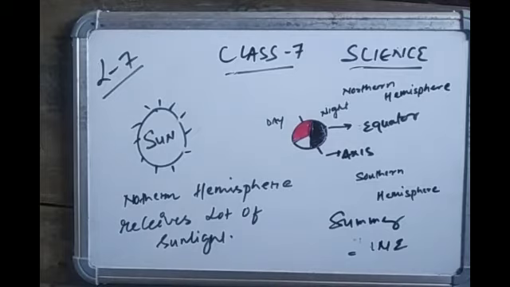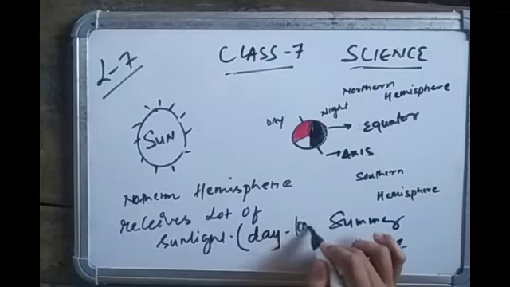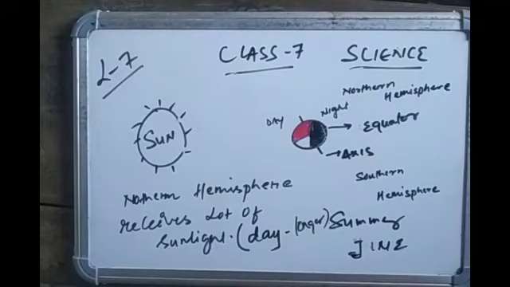Because of this, the sunlight received is a lot, so daytime is longer. The black area is small, so night is short. So when you look at the diagram, you will find the northern hemisphere receives a lot of sunlight as compared to the darkness.